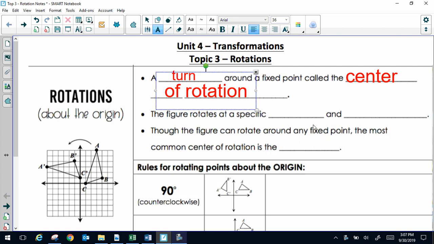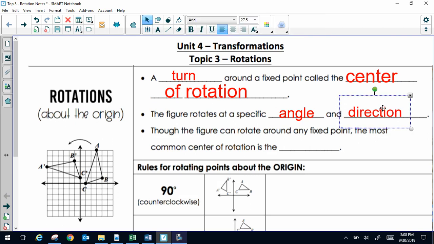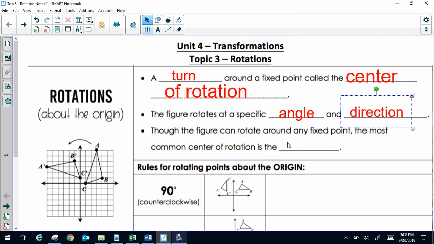And a figure rotates around a specific angle and direction. Everything that we're going to do, we're going to rotate around the origin. And remember, the origin is the point 0, 0.